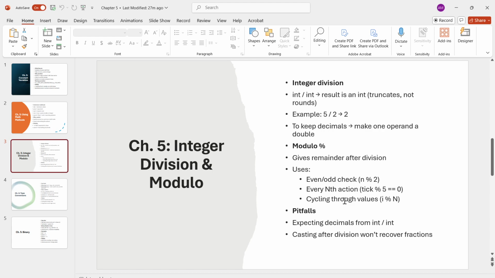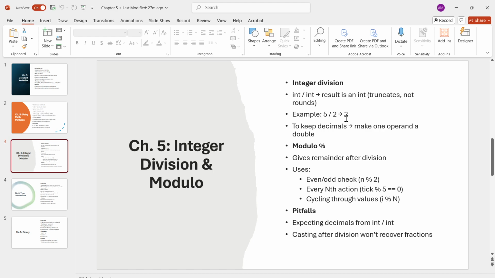So let's contrast division results one more time so it sticks. 5 divided by 2 is 2, an integer. Integer division truncates here. And 5 divided by 2.0 gives you 2.5.